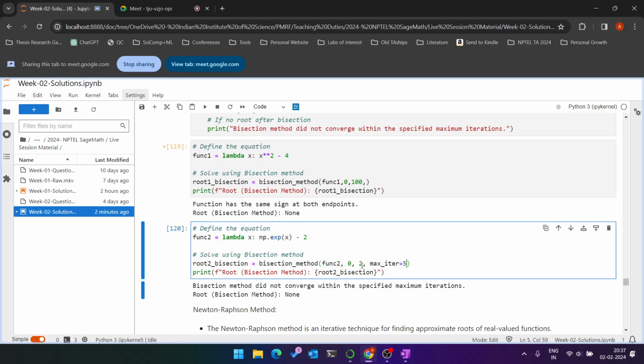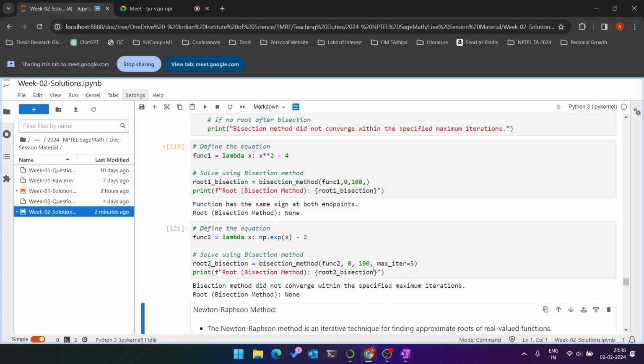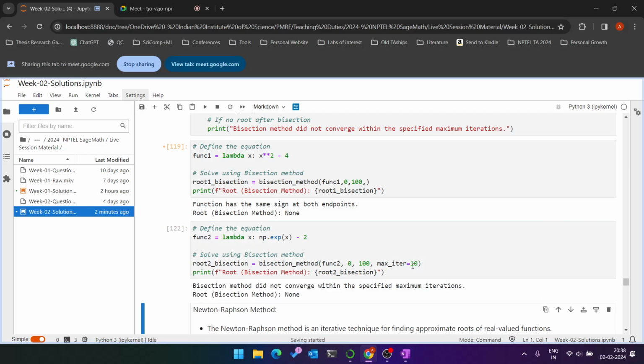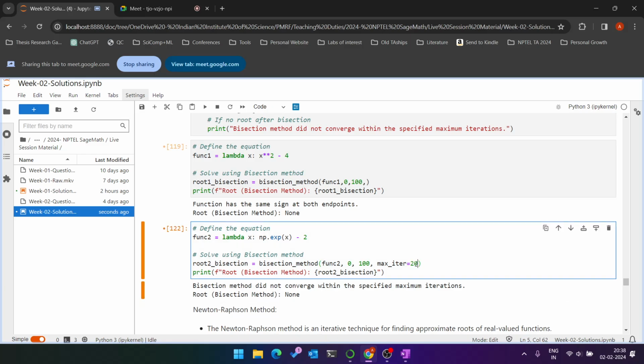This is because our bisection method will first go to 50, then 25, then 12.5, then 6.25, then 3.25. Whereas our root actually lies at a smaller value. So if I want to give 10 iterations, even then the bisection method doesn't converge. If I want to give say 20 iterations, still no convergence.